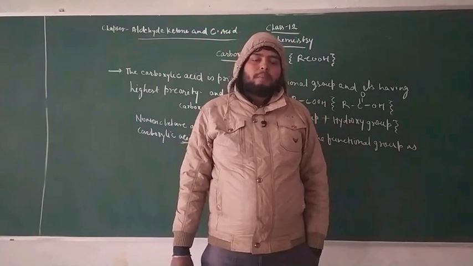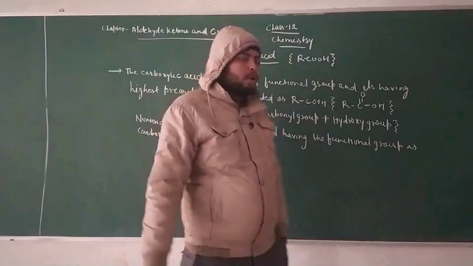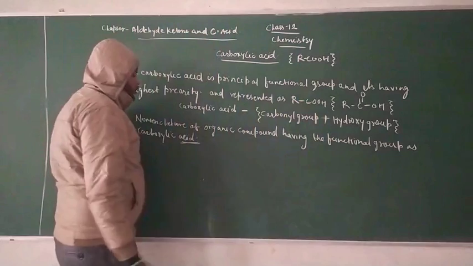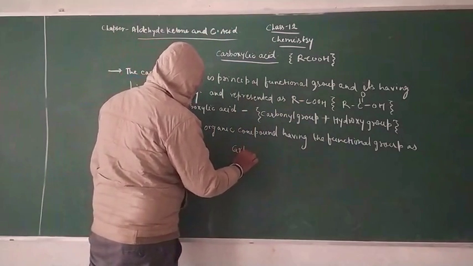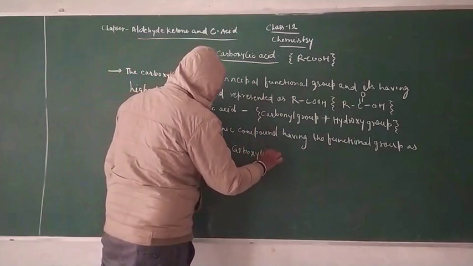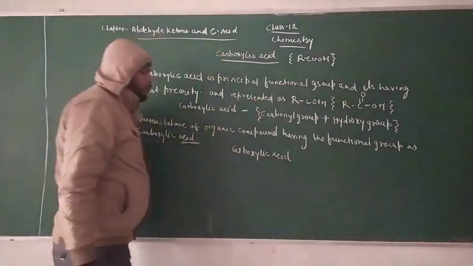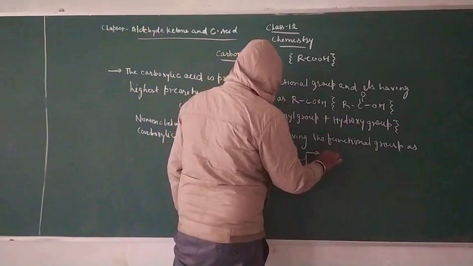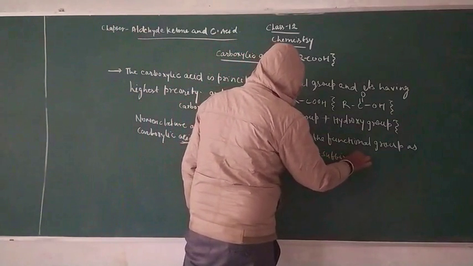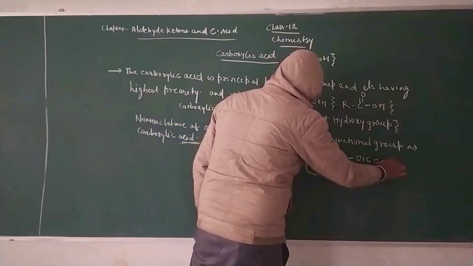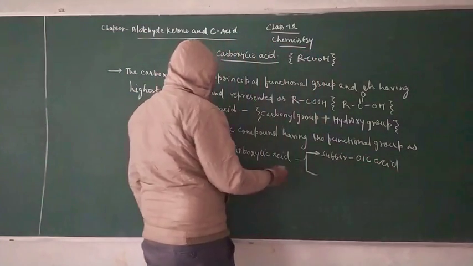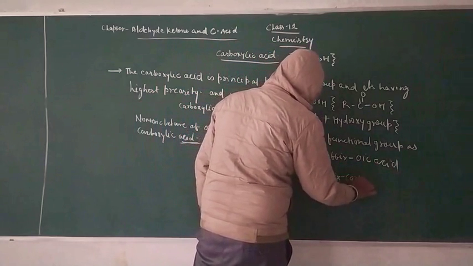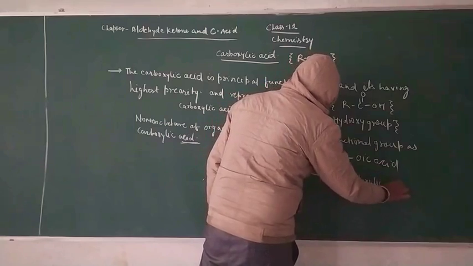In terms of IUPAC naming, guys, first of all we have to know how to write the name of an organic compound. In carboxylic acid, we put its suffix and prefix both. Its suffix is oic acid and its prefix is carboxylic acid, same as usual.